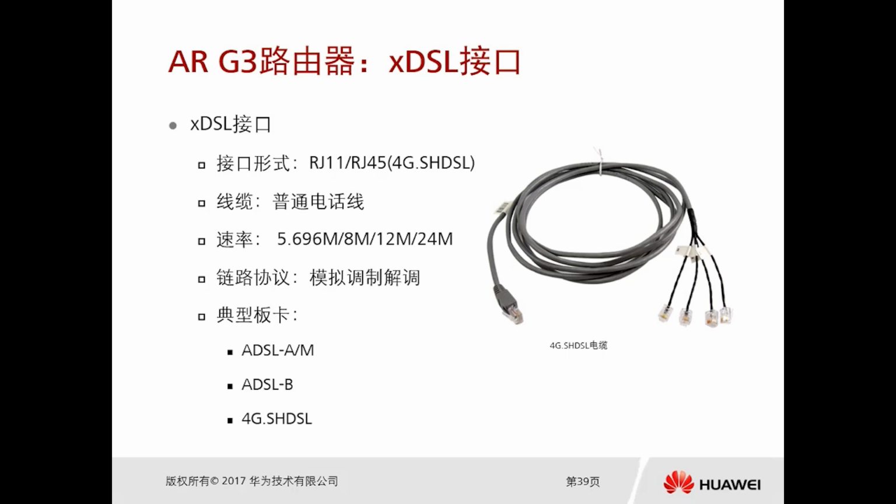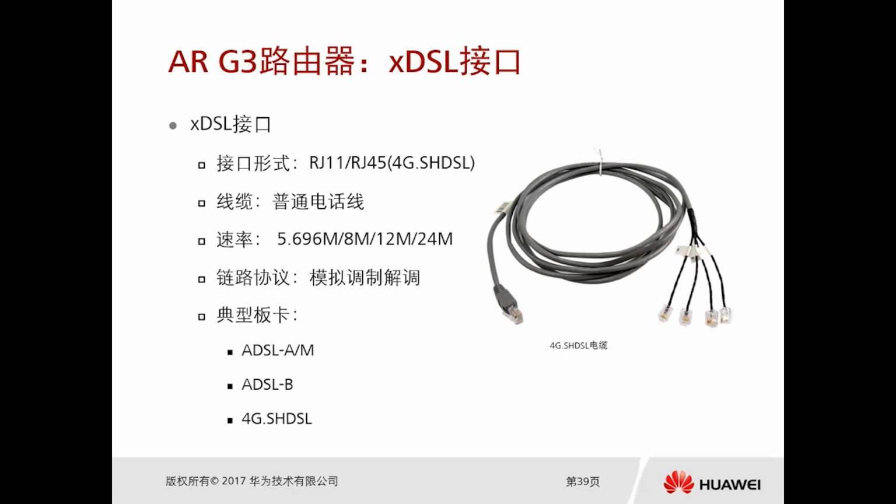Next, let's take a look at this XDSL. In terms of its interface form, it's RJ11 or RJ45. There are two types in this category. This is just our usual ordinary telephone line, and all use such an interface. Its speed, also from low to high, the lower one is 5.696 K, and the high end has 24 megabytes.